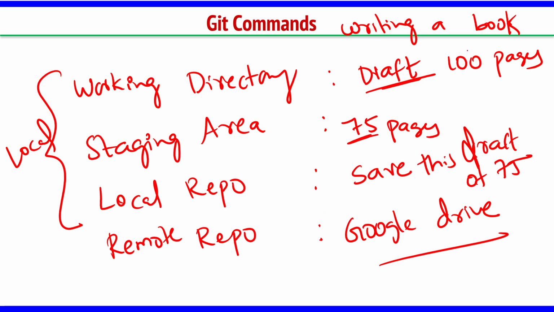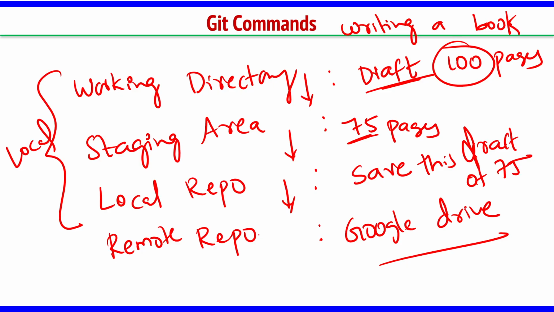But your local directory has 100 pages, some not completed yet, only 75 were finalized, so only 75 you have moved to Google Drive. Now let me talk about those commands. You understood about add, commit and push. By using add, then commit and then push, it came here.